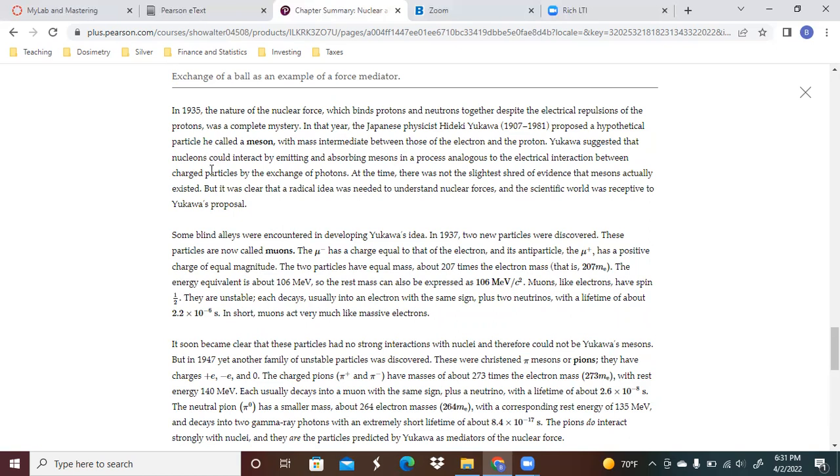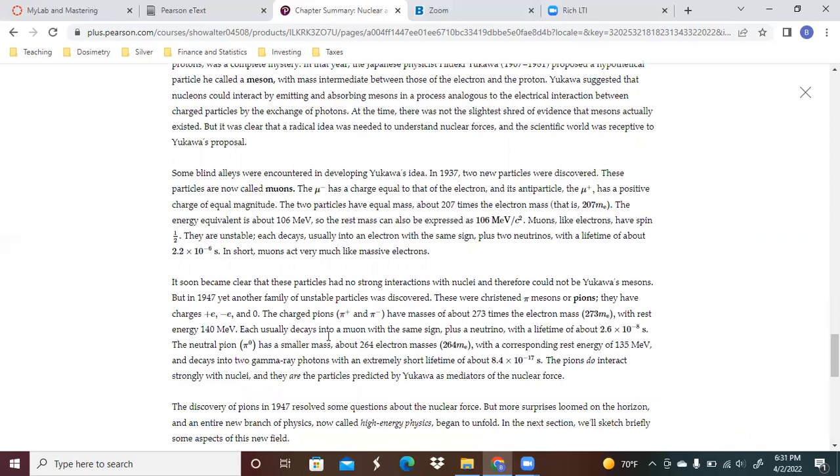Yukawa suggested that the nucleons could interact by emitting and absorbing mesons, in a process analogous to the electrical interaction between charged particles by the exchange of photons. At that time, there wasn't the slightest shred of evidence that mesons actually existed, but it was clear that a radical idea was needed in order to understand nuclear forces.